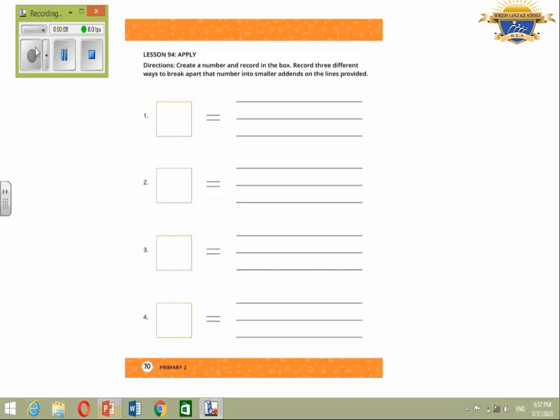In this lesson, we will investigate ways to decompose and compose numbers. Today, we are going to look at how we can break numbers into smaller parts. A great math vocabulary word for that is decomposing. Repeat after me, decomposing.